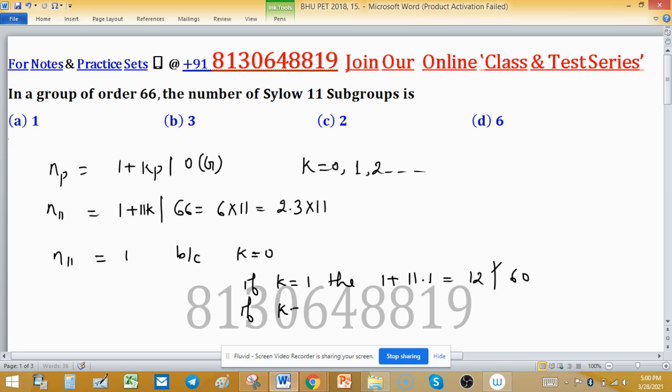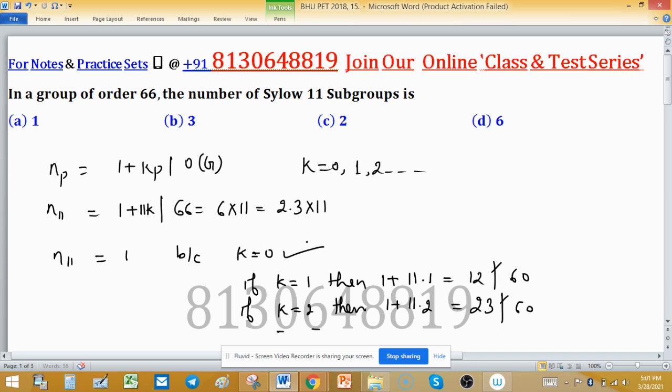If k equals 2, then 1 plus 11 into 2 equals 23, which doesn't divide 66, so we can't choose k equal to 2, and so on. So the value of k is only 0.